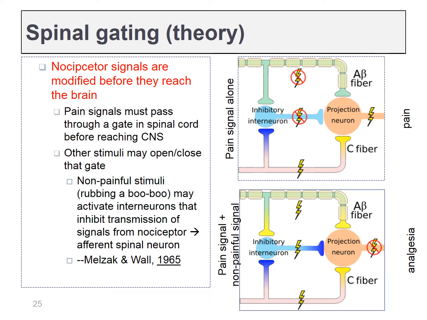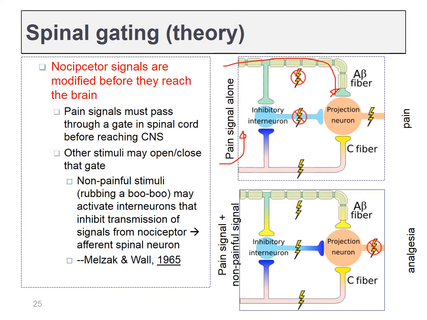That obviously happens. I mean, we've all experienced that. So some scientists came up with a theory to try and explain that. And their thought was that some other sensory neurons, like the touch of rubbing your knee, might be able to modify the pain signal before it reached another second-order neuron in the spinal cord to be sent up towards the cortex.